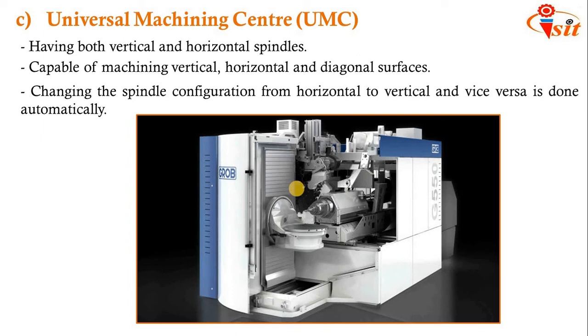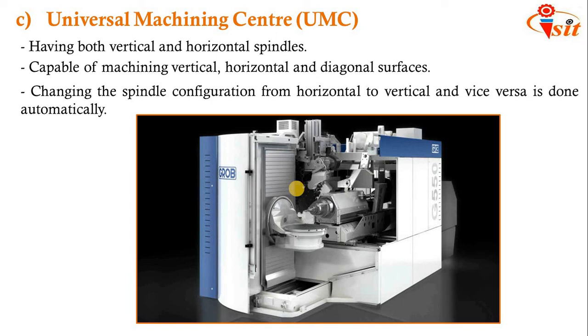So if we look at the horizontal spindle machining center, vertical spindle machining center and universal machining center, the horizontal machining centers favor uninterrupted production work and are designed for that. One reason is that the horizontal orientation encourages chips to fall away, so they don't have to be cleared from the table.